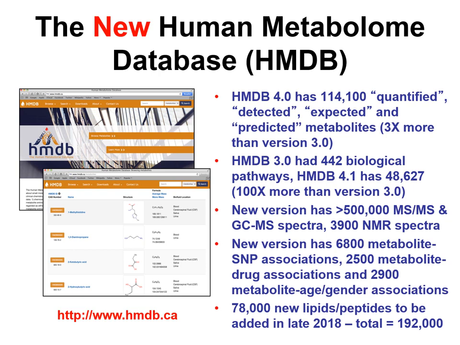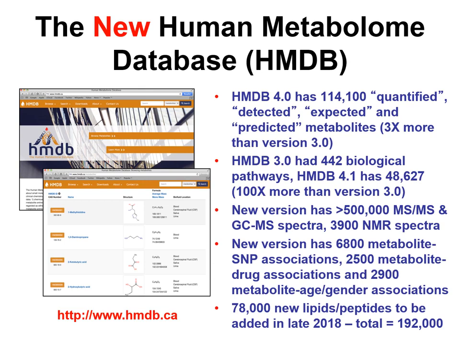It also has information beyond just the metabolites. It has pathways, it has MS/MS and GC-MS spectra, NMR spectra, referential spectra for the pure compounds, both experimentally and computationally predicted. It also has lots of other data about concentrations, metabolite gene or SNP associations, metabolite drug associations for pharmacometabolomics.